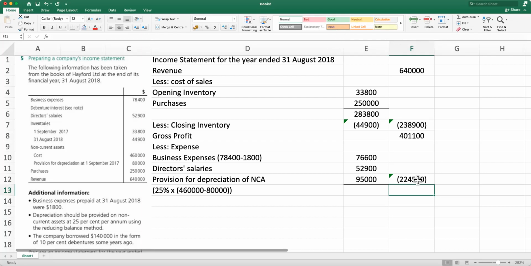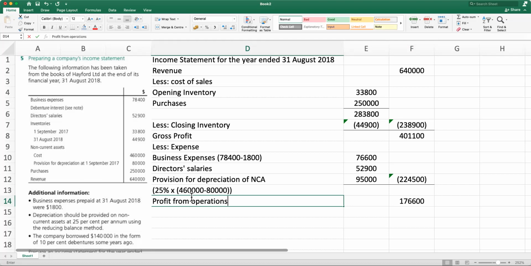And after subtracting this amount, we get 176,600. This amount here is actually called your operating profit, or profit from operations. So profit from operations is 176,600.